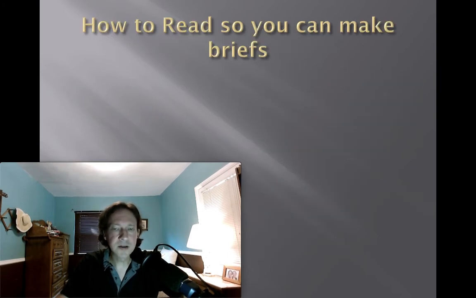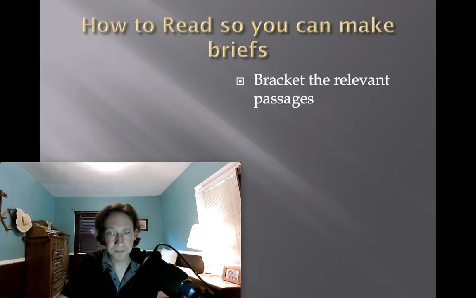How to read so you can make briefs. I encourage you to read the whole article and not just read for the first brief that you can find, so that you have a wealth of knowledge more than just a snippet of knowledge. But as you're reading, you should think about what you can brief up out of this article.